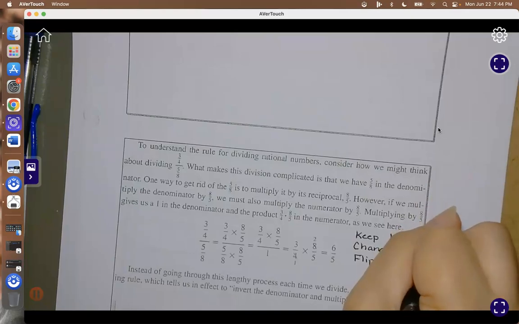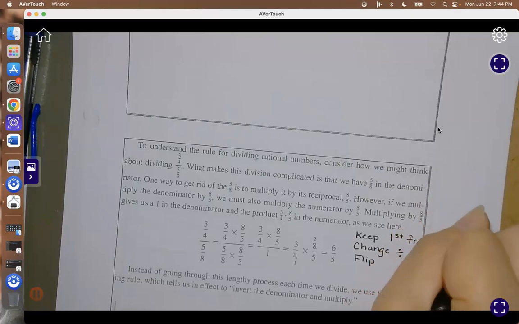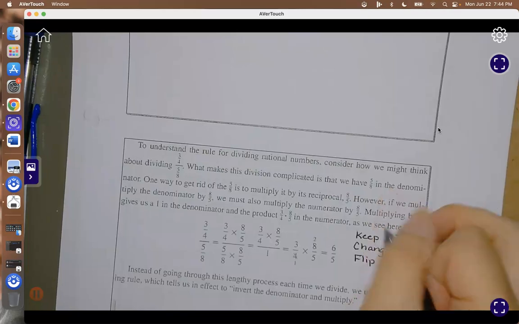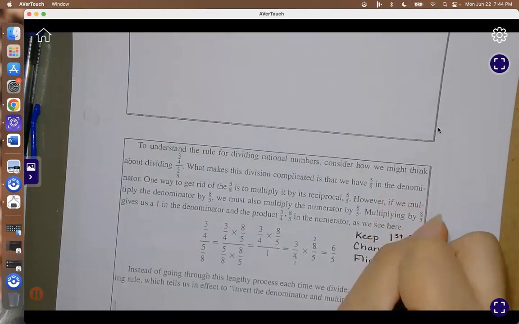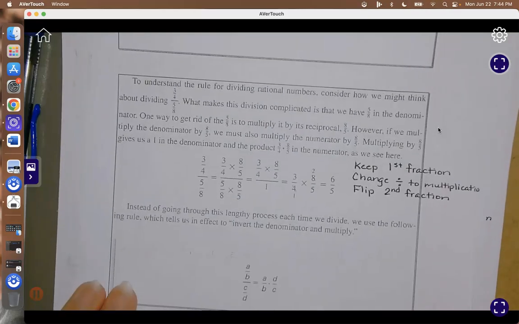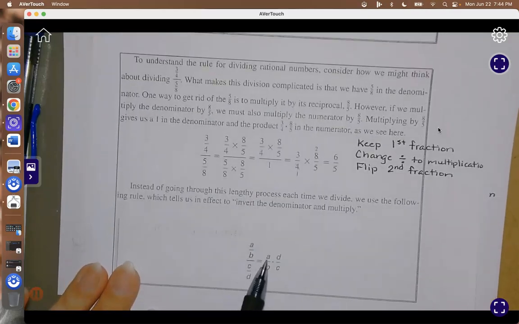Change division to multiplication. Flip the second fraction. Okay, and they did that right here. Keep your first fraction the same, change this division symbol to multiplication, and flip the second fraction.